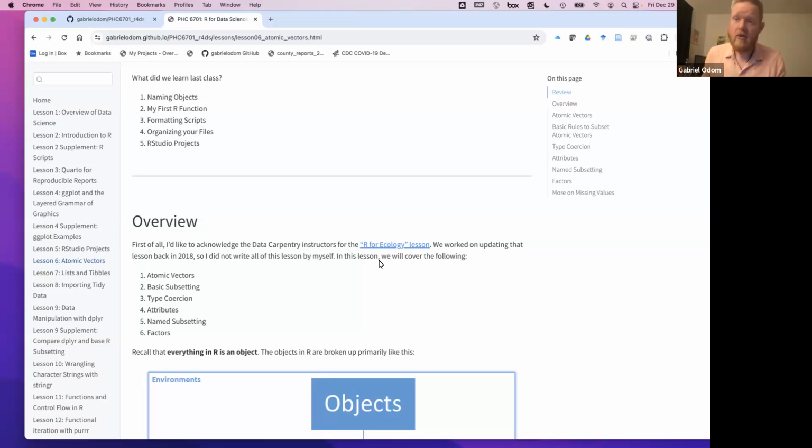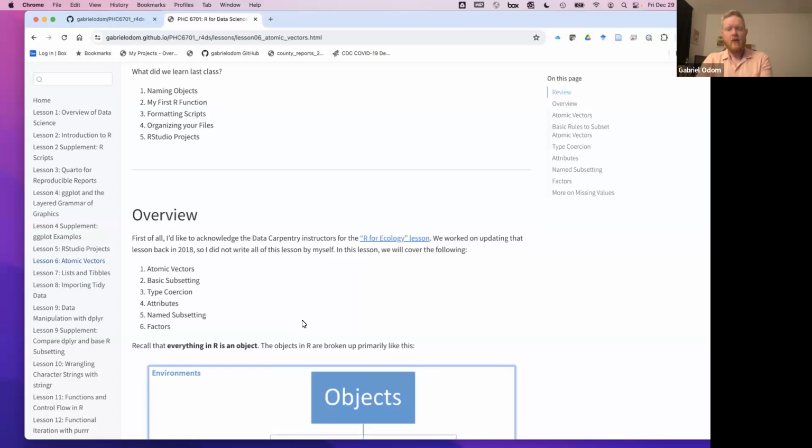And then we also want to talk about something a little bit more advanced, and that's the attributes of an atomic vector. The attributes of an atomic vector themselves are not atomic, which right now at this point in the class probably makes absolutely no sense to you, but we'll cover that in detail over the next couple of videos. And then getting into a little bit on factors towards the end.